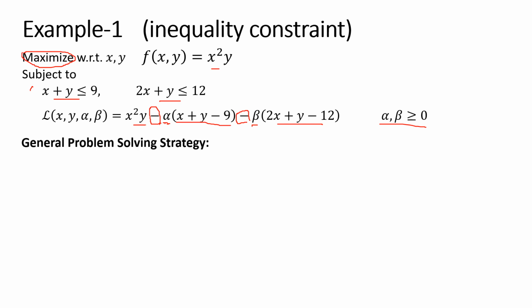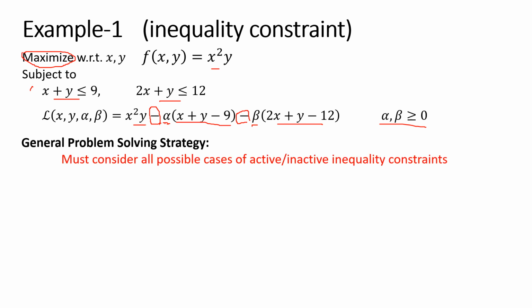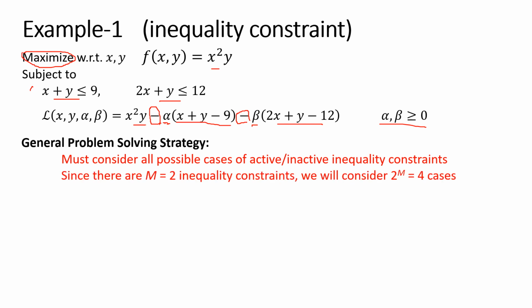Now, this is the general problem-solving strategy for cases with inequality constraints. We must consider all possible cases of active and inactive inequality constraints. Each inequality constraint can be either active or inactive. So there are two cases per inequality constraint.